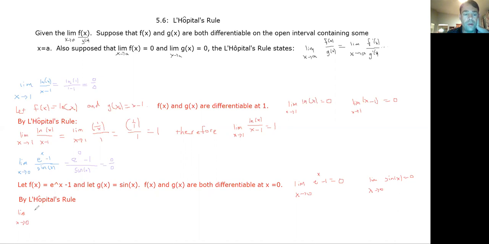So e to the x minus 1. What some people like to do, and it's okay, what some people like to do is they actually like to go ahead and show that they're doing the derivative.